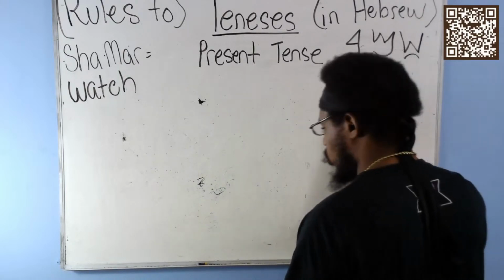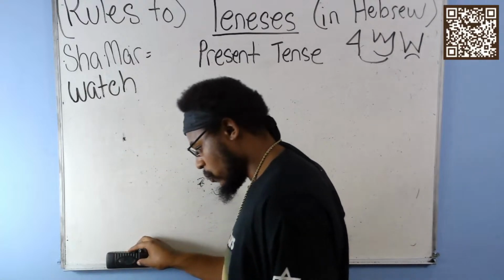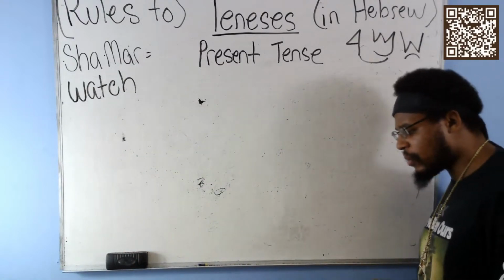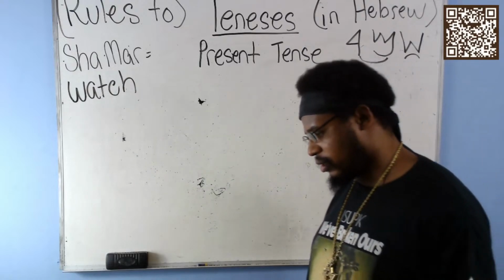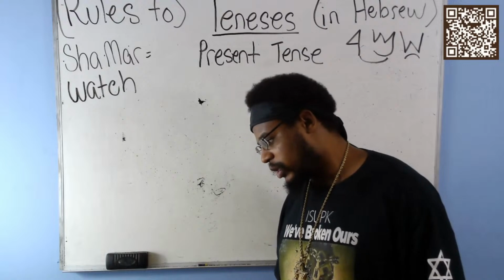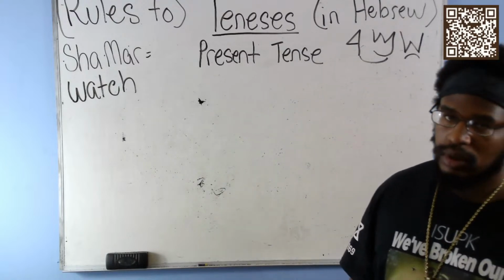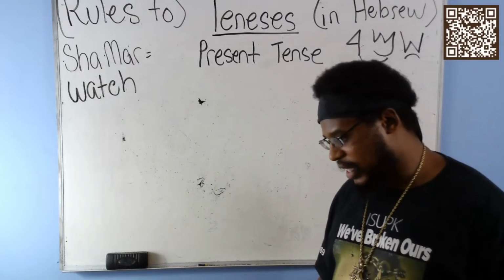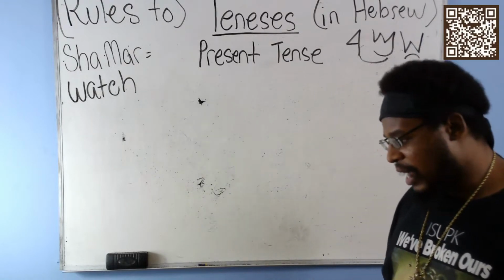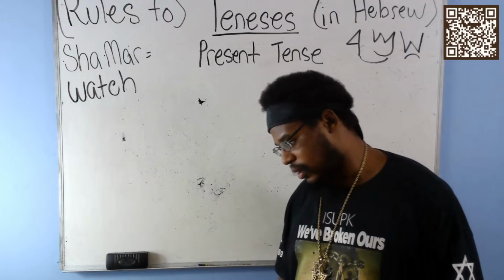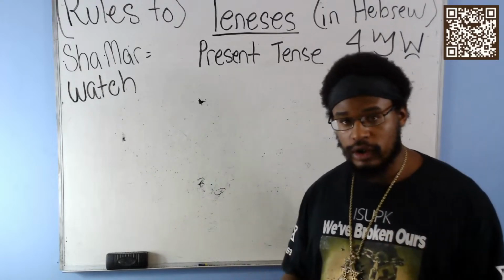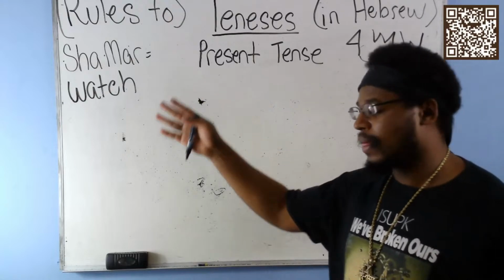And we're gonna start with first person masculine and feminine. Present tense, which is I am watching, in the Hebrew is YAHUAH. So Yah means I. And you know the root word shamar means watch.